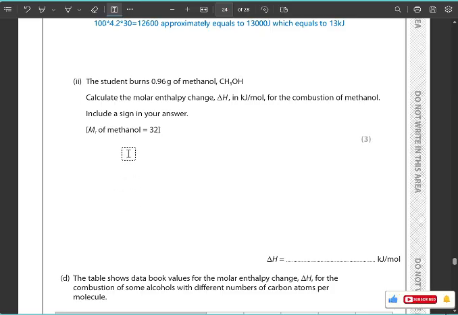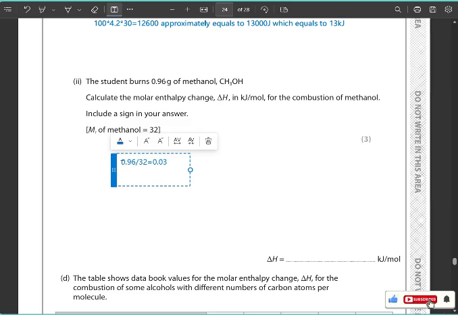For finding this, we should first find the moles of methanol. For this, we divide the mass of methanol used by 32, which is the molar mass of methanol, and it will be 0.03 moles.